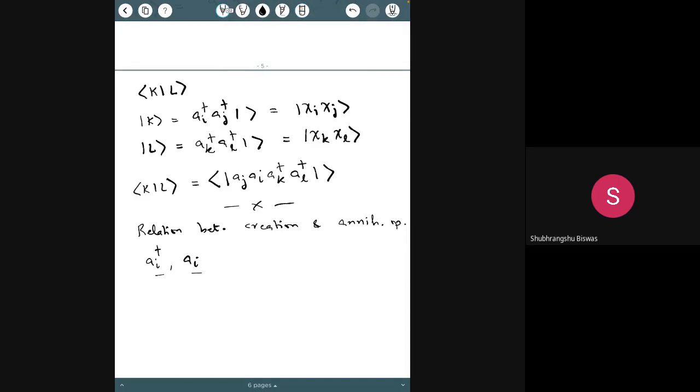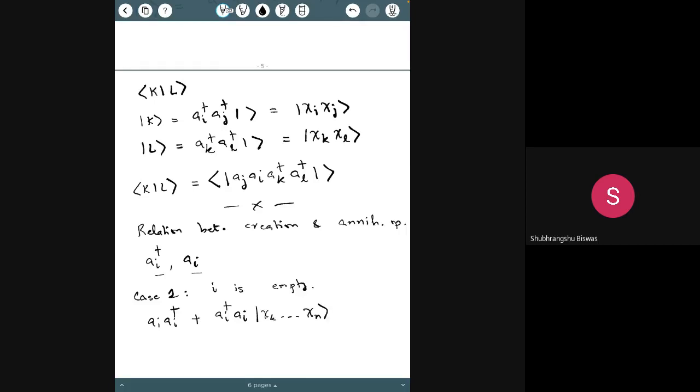Let's say we will take case 1, when I is empty. Then A_I dagger plus A_I dagger A_I acts on some determinant which does not contain I, remember.